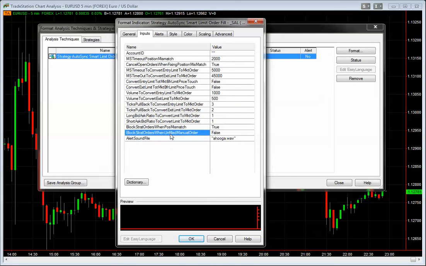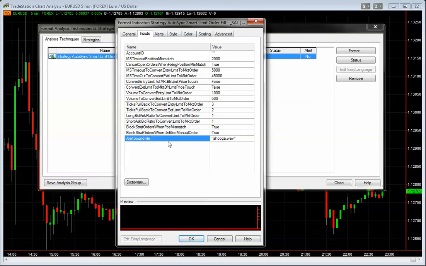The strategy has no knowledge of that manual order being issued. It's completely blind to any orders issued outside the strategy and completely blind to if those manual orders fill. So if you've issued a manual order that's waiting to fill, you may want to block the strategy from issuing other orders because it doesn't see that order and it can be issuing other orders that creates conflict. So you can specify true for that.